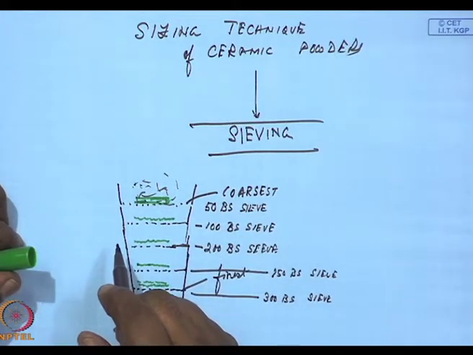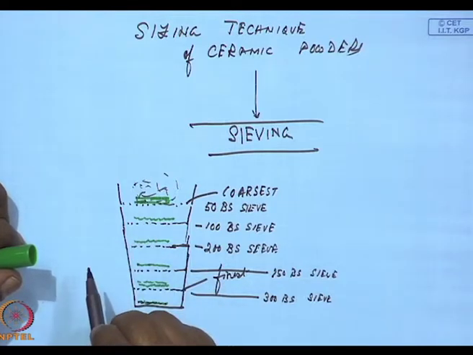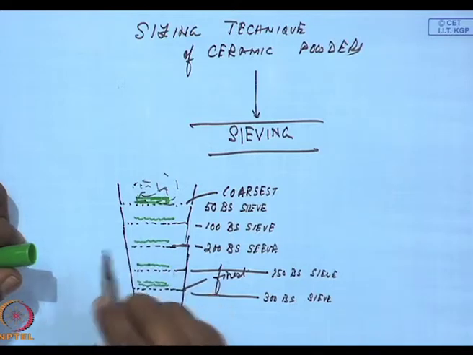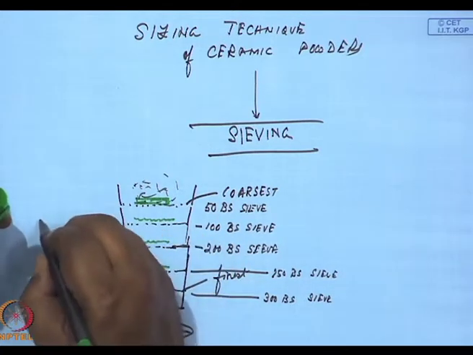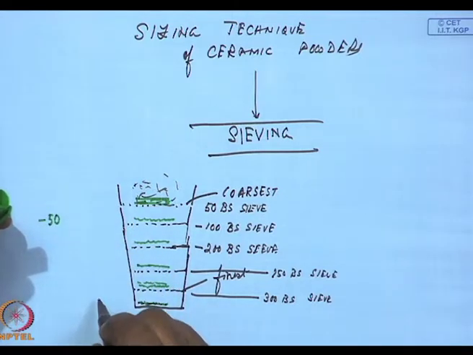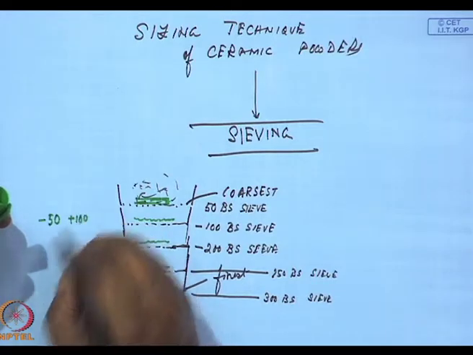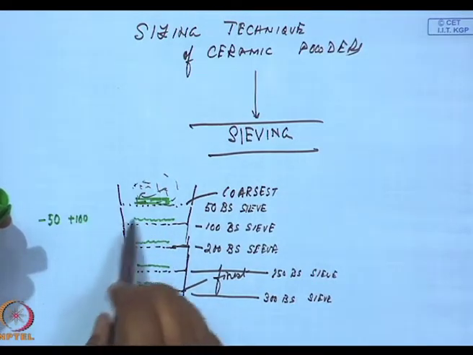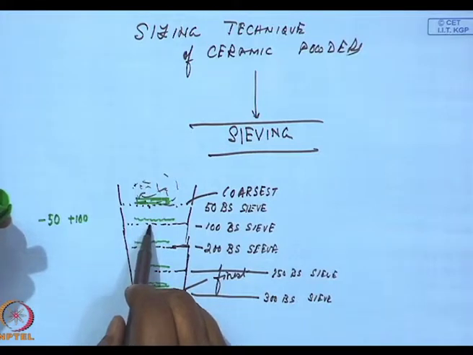In the ceramic industry, this powder is written as minus 50 plus 100. It means this powder is finer than 50 BS, but coarser than 100 BS.